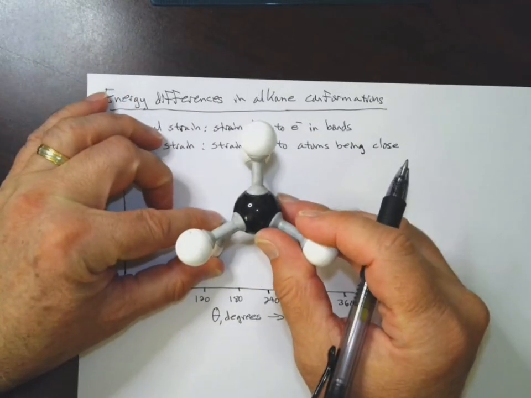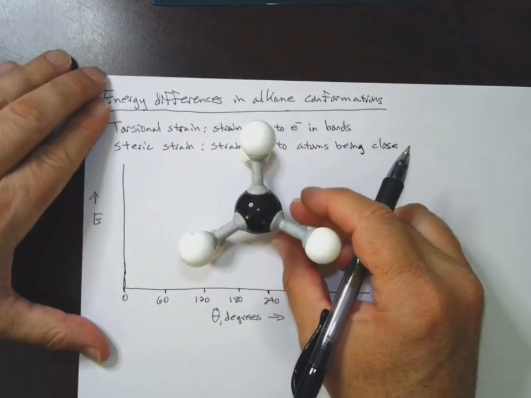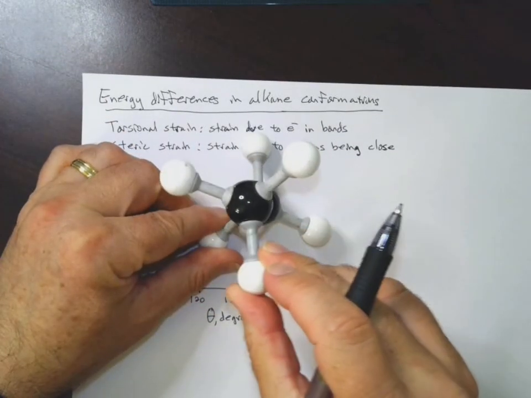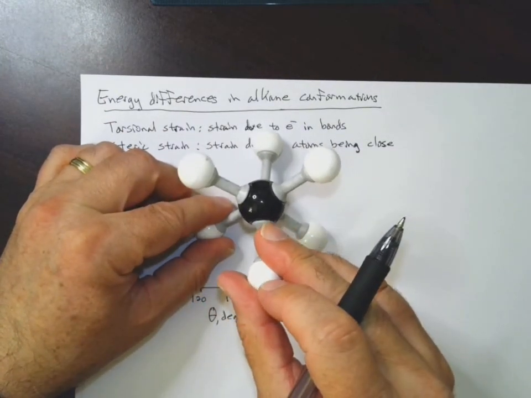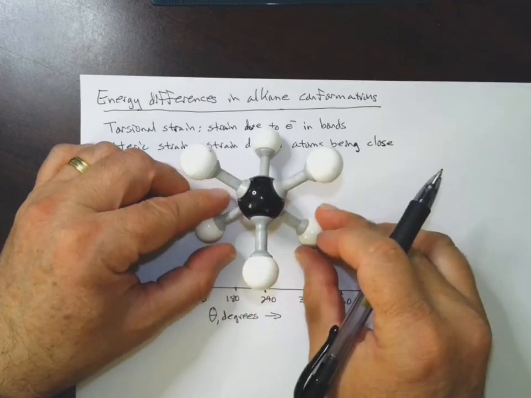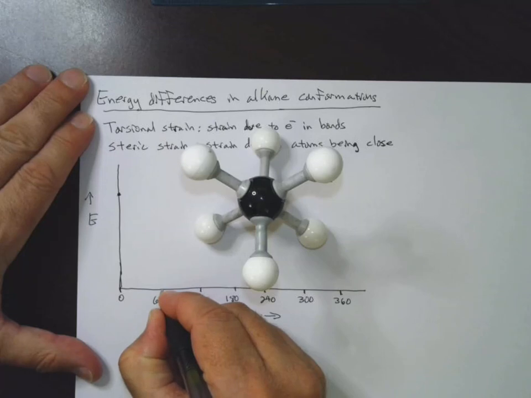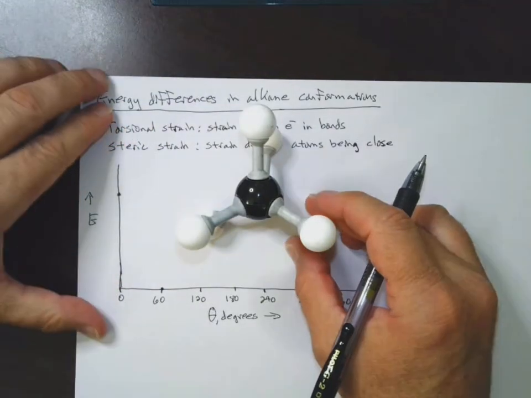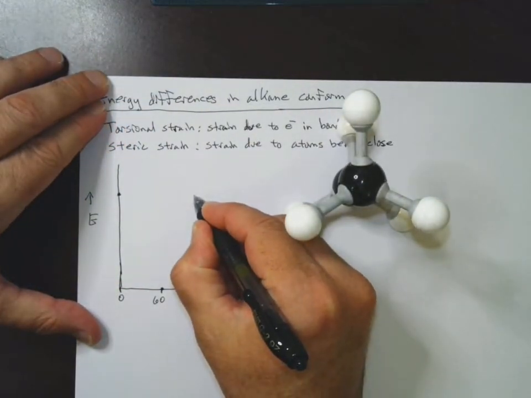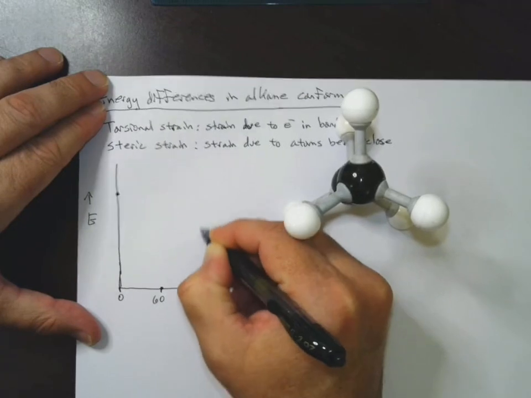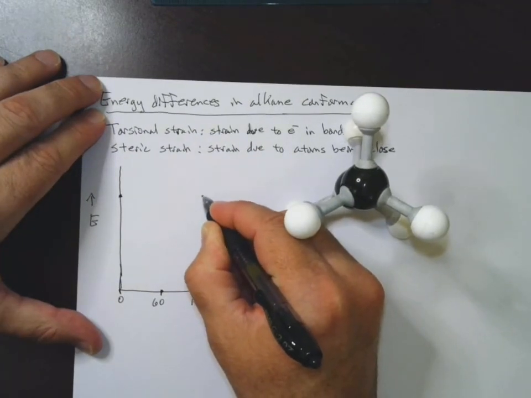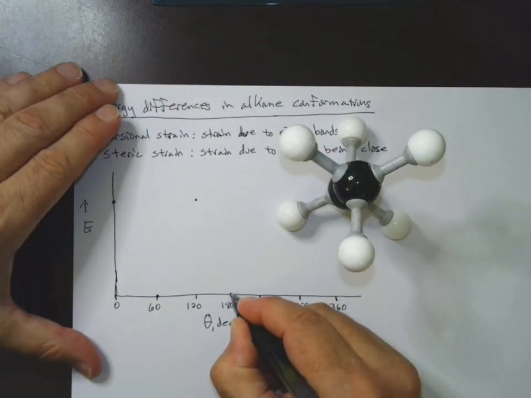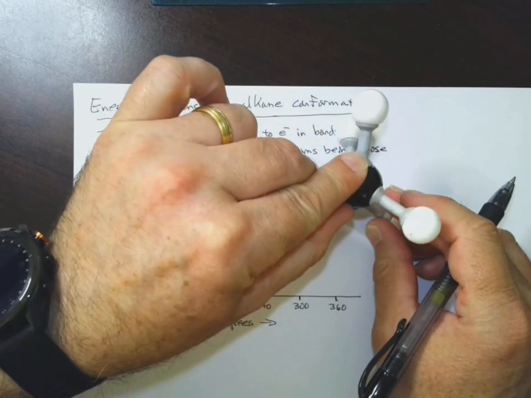So 0 is like this, totally eclipsed, and that's going to have some energy. And then when it's staggered, we've removed all of those eclipsed interactions, so we're going to call that 0. And then if I rotate, I'm now at 120, but I'm eclipsed again, so I go back to that same point. 180 will be 0. 240, now I'm rotating the front carbon.